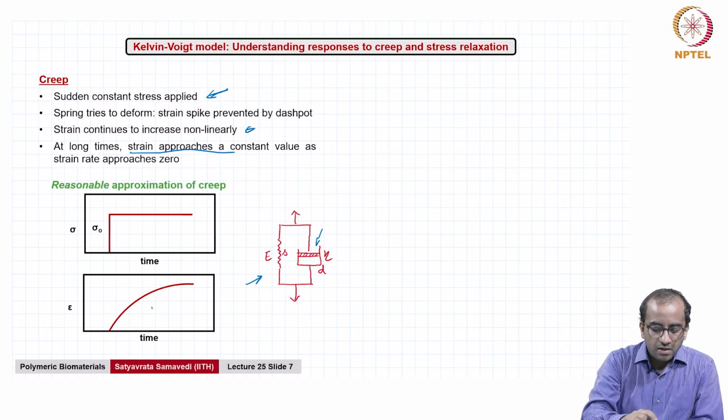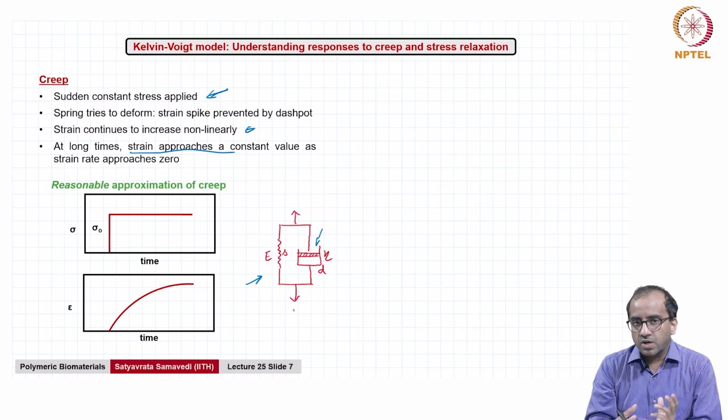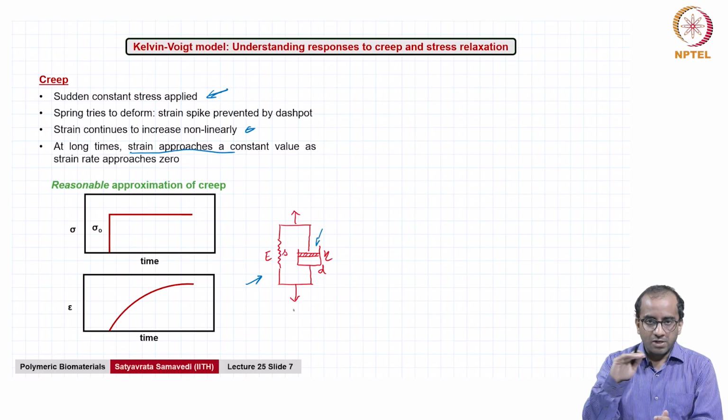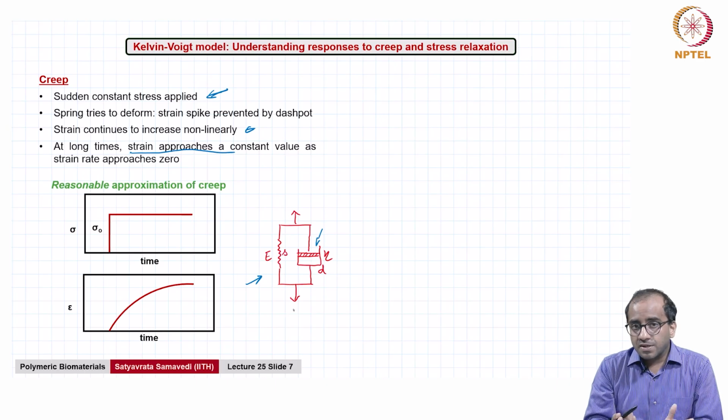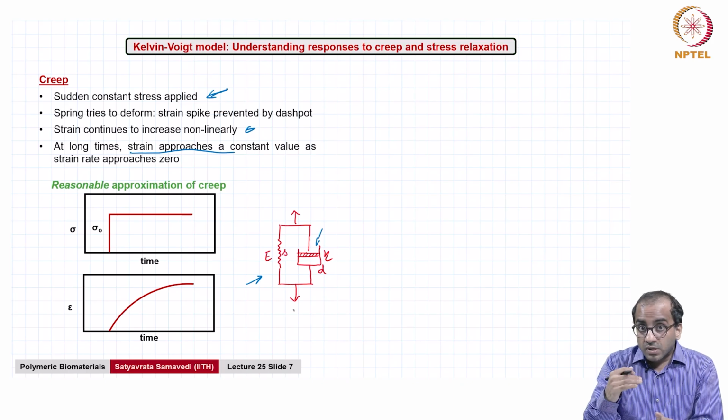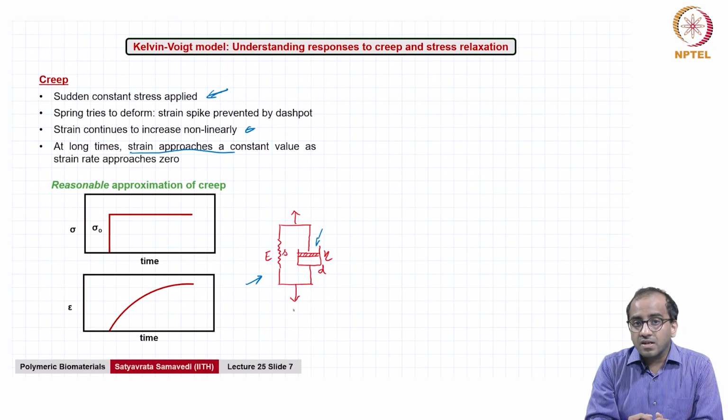We say reasonable because again this is just one way to think about creep, right. You can also have for example, this kind of a value that is plateaued off eventually could occur for say thermosets. For thermoplastics or other kinds of materials, again depending on the temperature, you can have a very, very small but yet constant increase in strain with time, even for very long times, right.